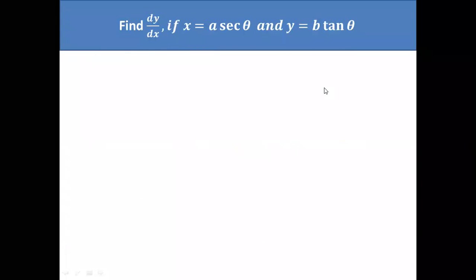Okay, this is a simple question. Let me see who will give me the answer first. I'll give you 1 minute. You just think what could be done. If you have the idea, go for it.